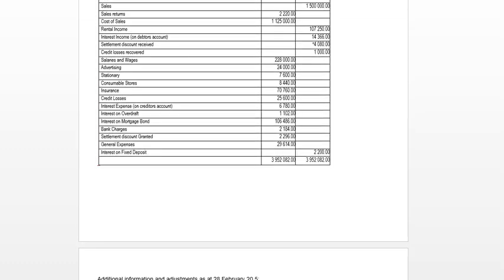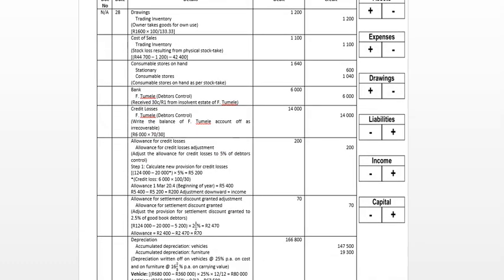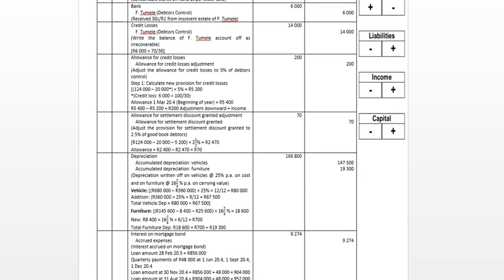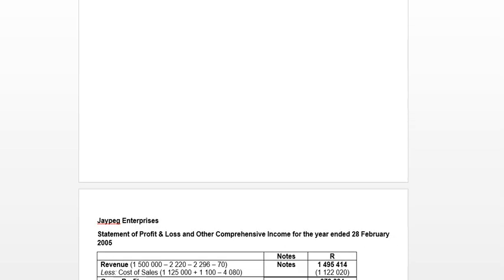Our other expenses that we have, interest we deal with separately, so we'll get back to that. We've got bank charges of 2,184 Rand, and our general expenses of 29,614. And then what we also have is our depreciation for the year. So our total depreciation expense for the year was 166,800 Rand.